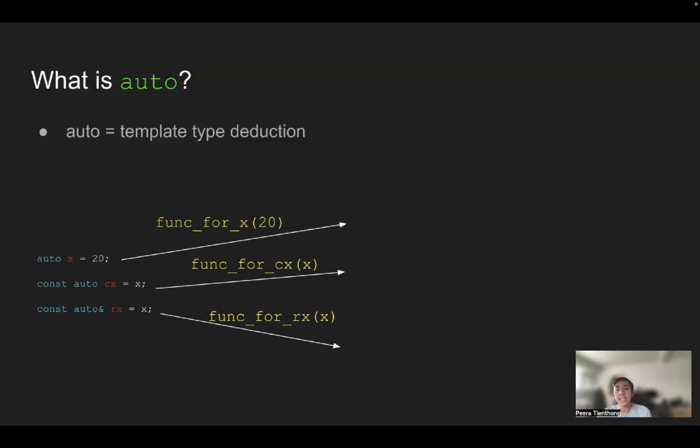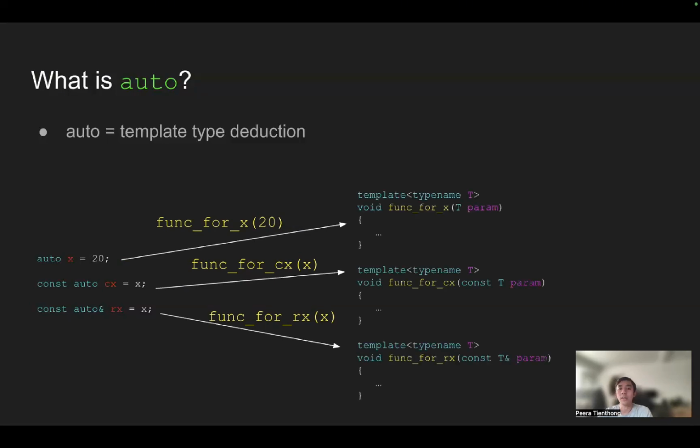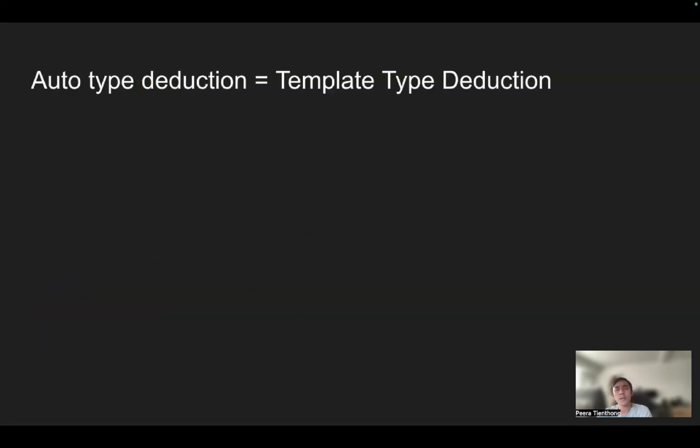And these functions are actually template functions. If you're familiar with type deduction, it's going to be like this template, right? So auto type deduction is exactly the same as template type deduction. If we have x equal to 20, it's going to be converted into type int.